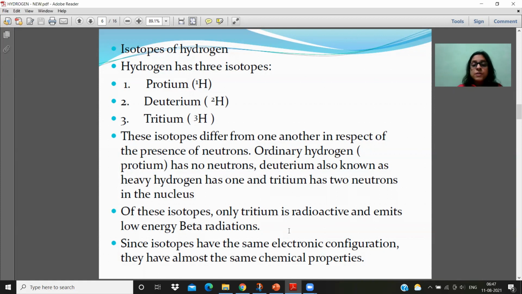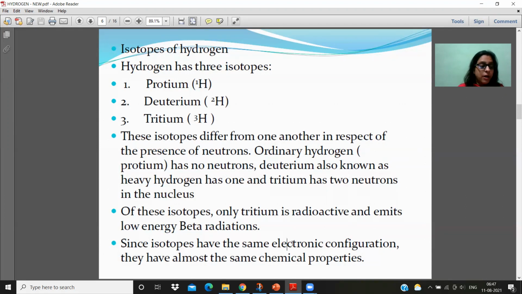The electronic configuration of isotopes is the same, that is 1s1, and that's why all these isotopes carry the same chemical properties. If we talk about protium, it is found most abundantly, at least 0.0156%, whereas the concentration of tritium is very low, about 1 atom per 10 raised to the power 18 atoms of protium.